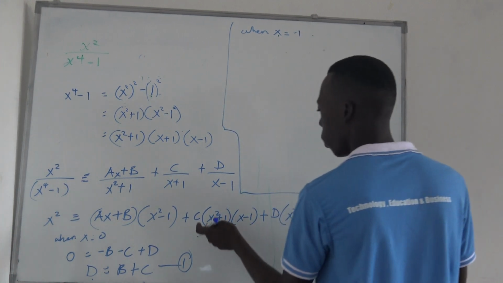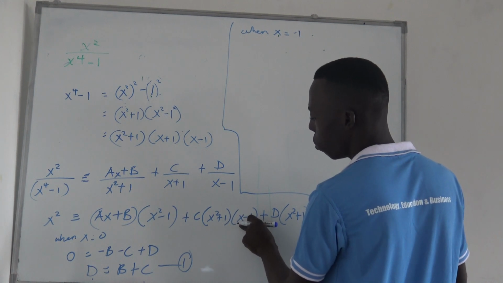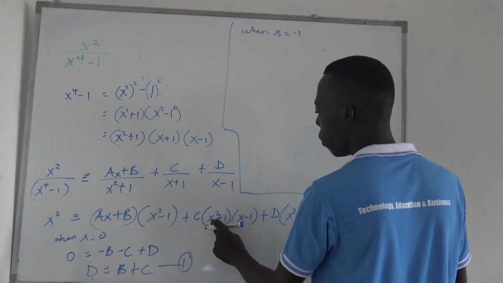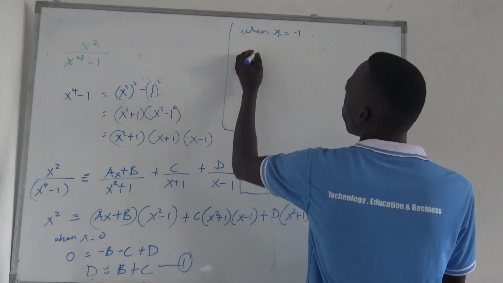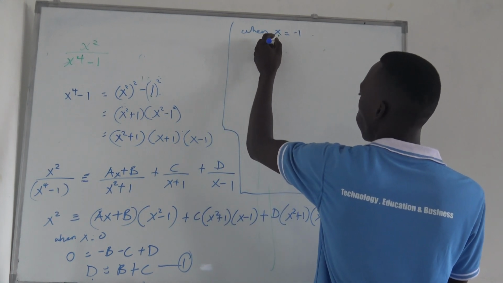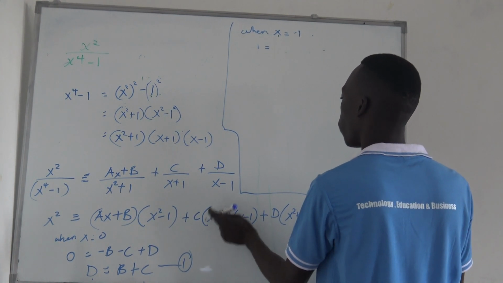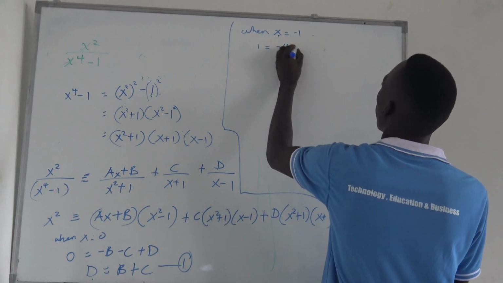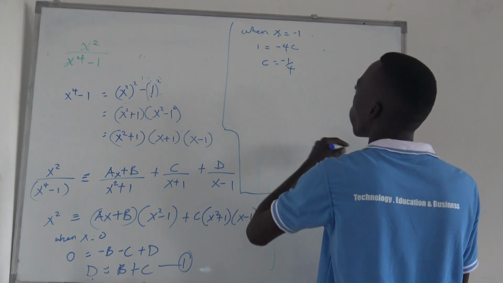We shall remain with only this, which will give us negative 2, and this one is 2, so the other side is 1 equals negative 2, this one, which is negative 4c. So c is negative a quarter.